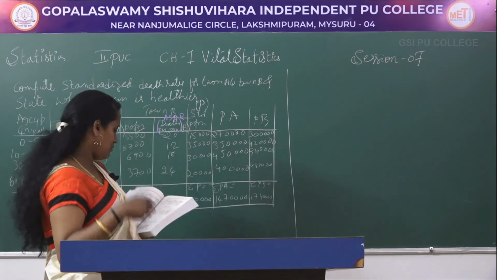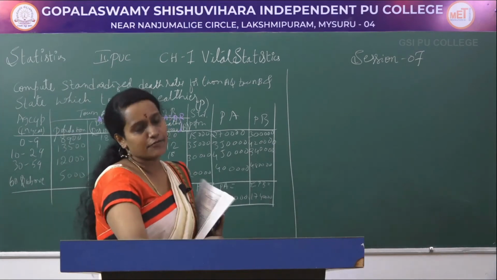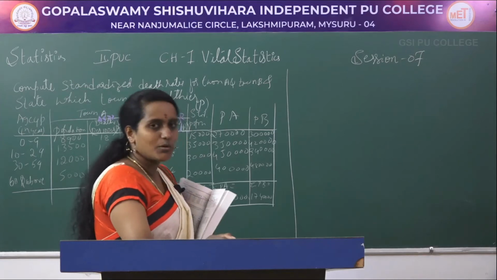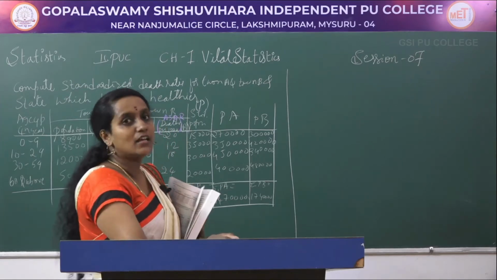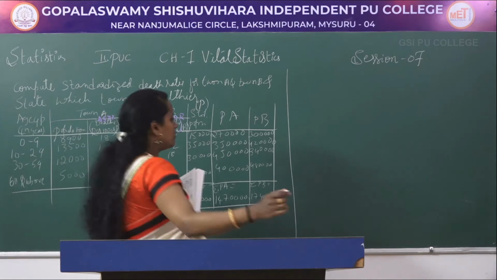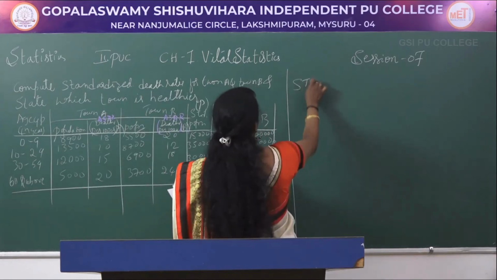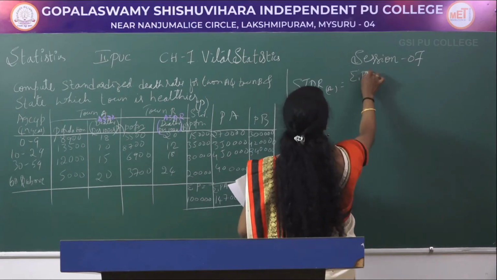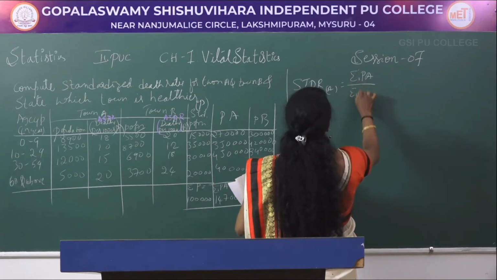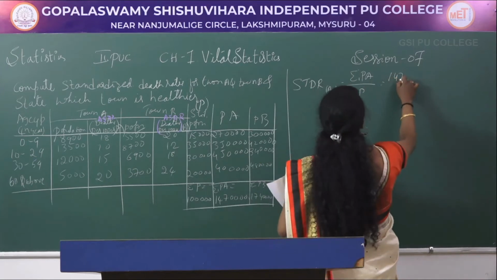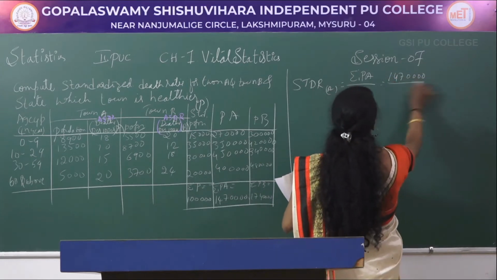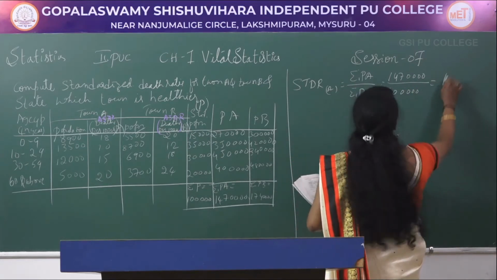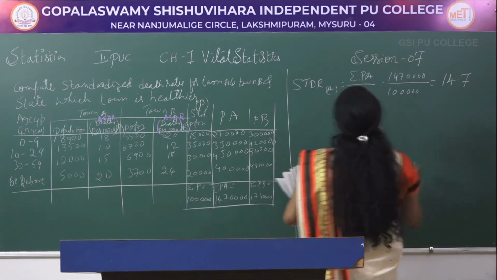Okay. Now the next step is to find standardized death rates. No need to write the ASDR formula or calculate ASDR. Now we are directly finding the standardized death rate STDR for town A. The formula is summation of PA divided by summation P, and this is 147,000,000 divided by 1 lakh, and the value is 14.7.